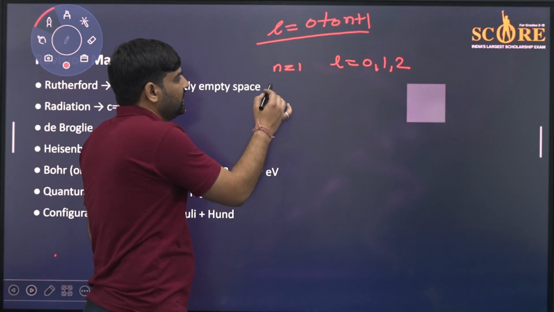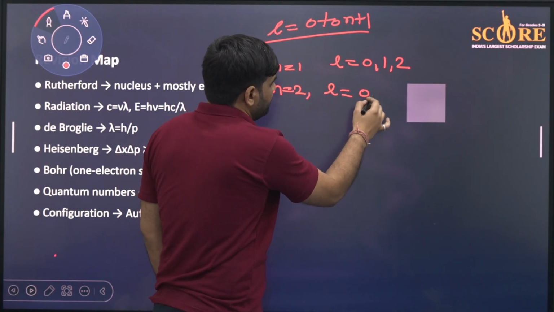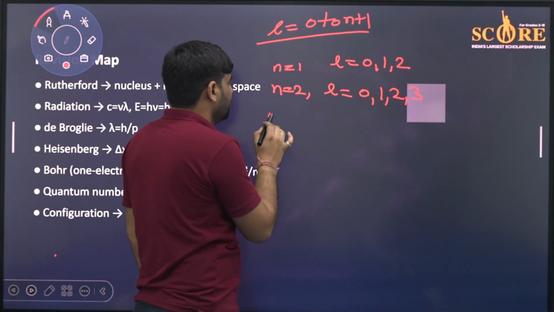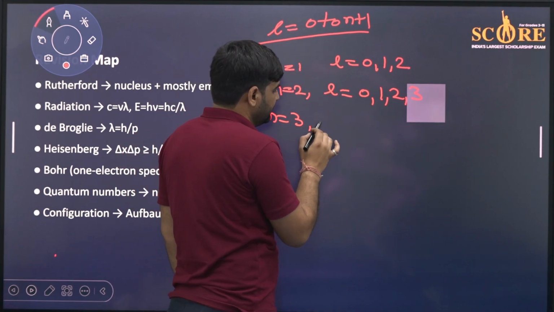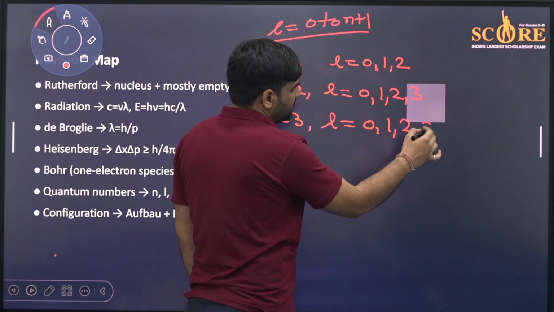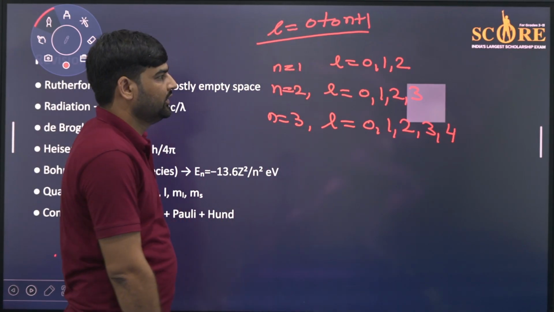Now n equals 2, then l will be 0, 1, 2, 3. n equals 3, 0, 1, 2, 3, 4.